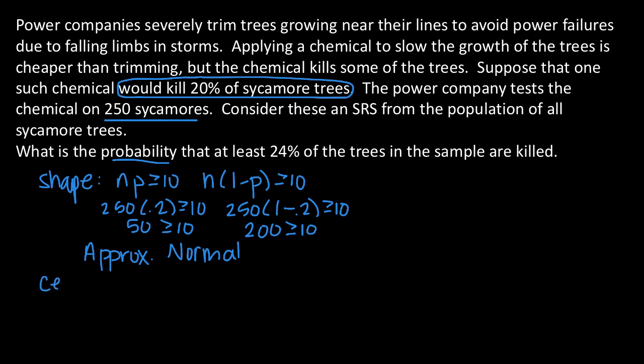How about the center? The mean of the sampling distribution of proportions is p, the population proportion, 0.2.